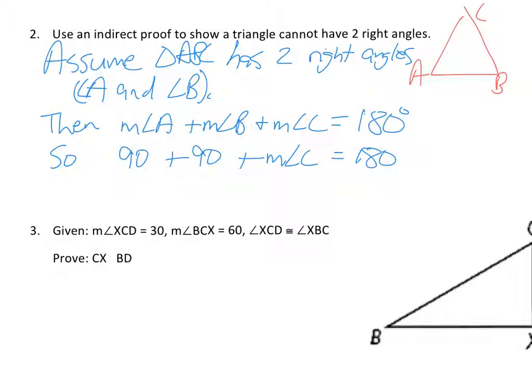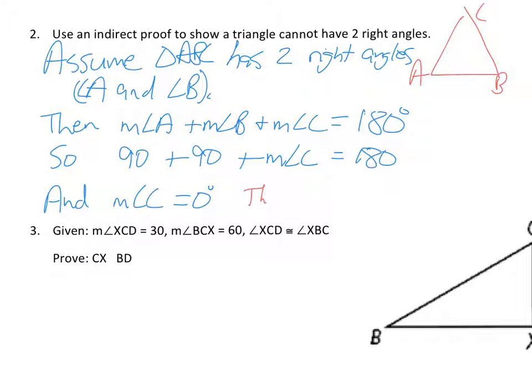If I put the two 90s together, I get 180, and I bring that to the other side, that's going to lead to something kind of funny. So 90 plus 90 is 180, and the measure of angle C would have to be 0. That's our issue.